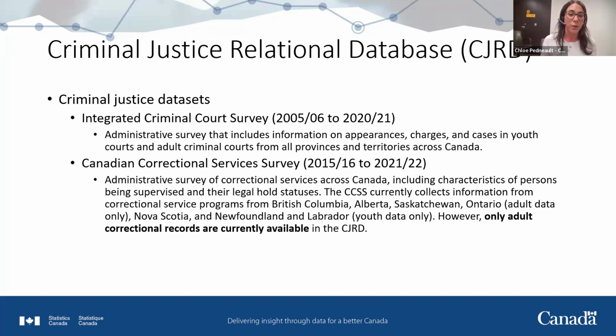This data set goes back to 2005 and all the way up to, I think it's actually 2021-22 now. I'll have to double check what's in there. But essentially, up until the most recent year that we have linked, that will be available to researchers in the RDCs. And the plan is to update these data annually.